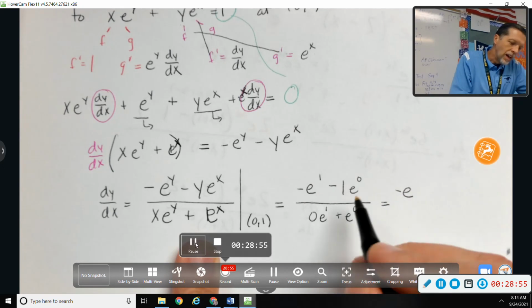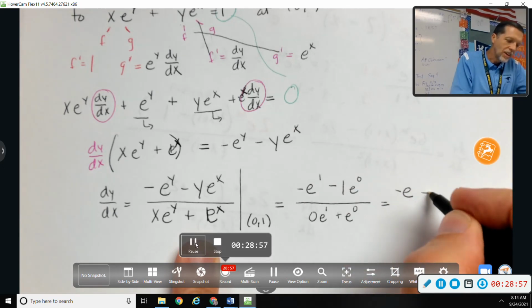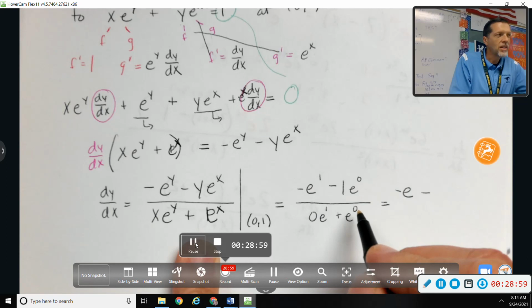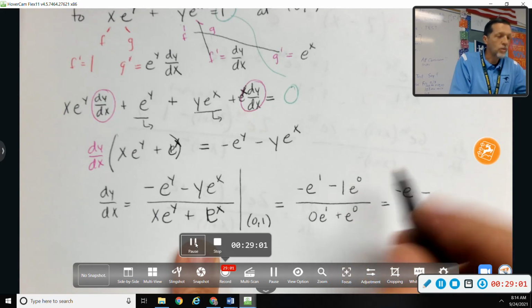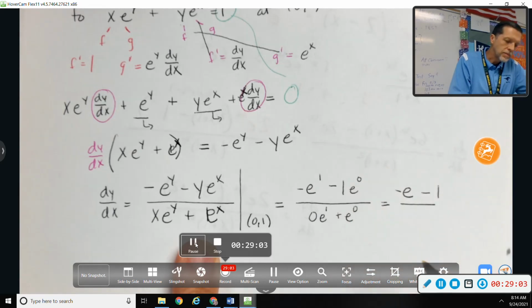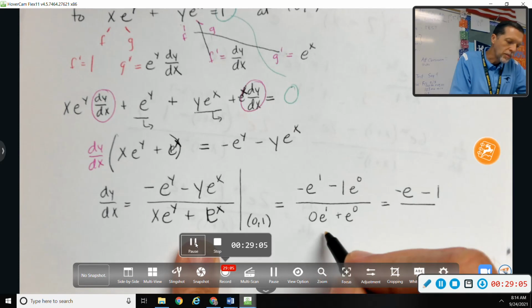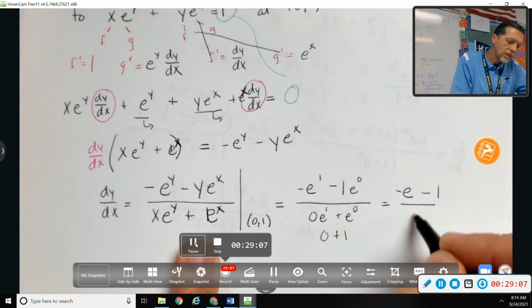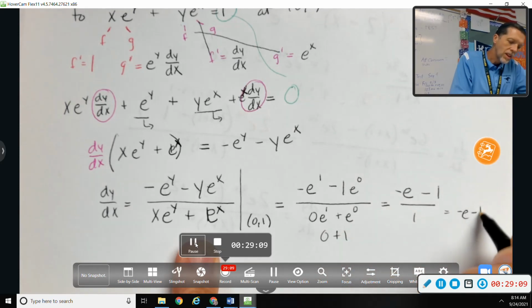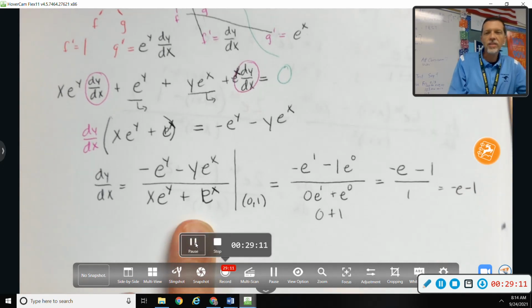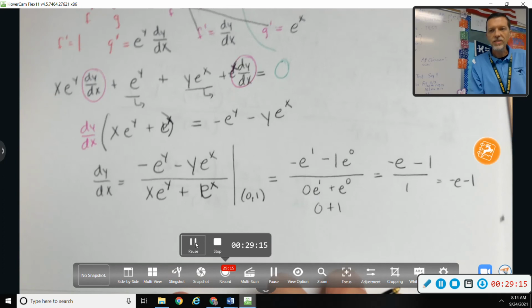What's e to the 0? It's not nothing. It's 1. And then in the bottom we have 0 plus 1. So there's my slope. Negative e minus 1. What a lovely slope that is.